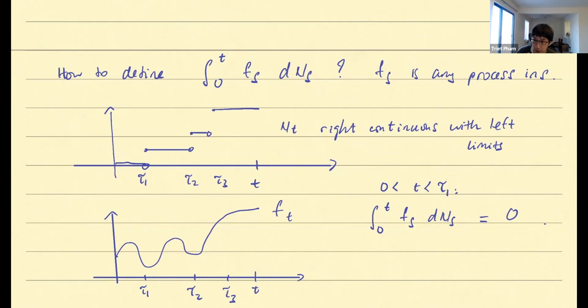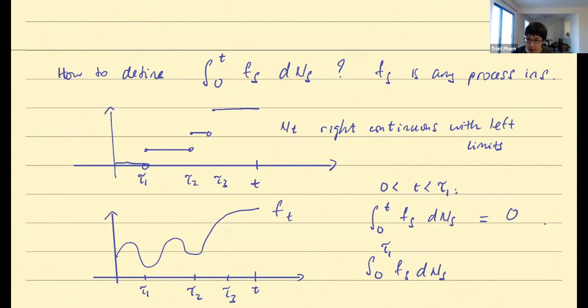So then here's a catch. What about the integral up to tau 1 of this? What would that be? Is that still 0?